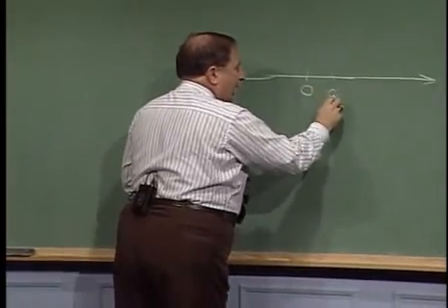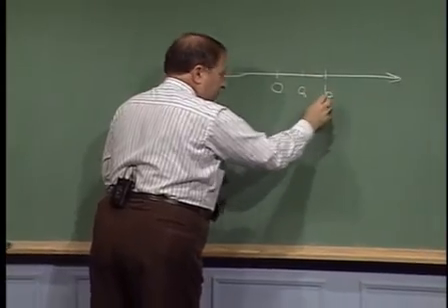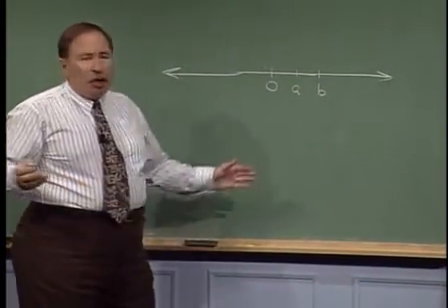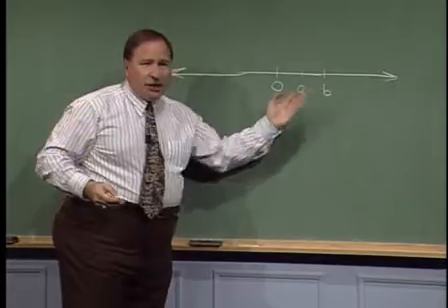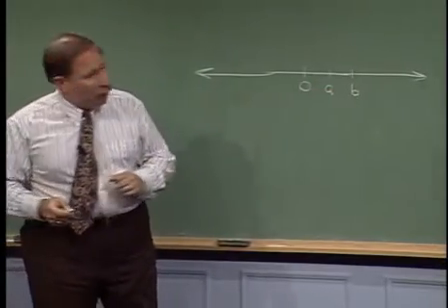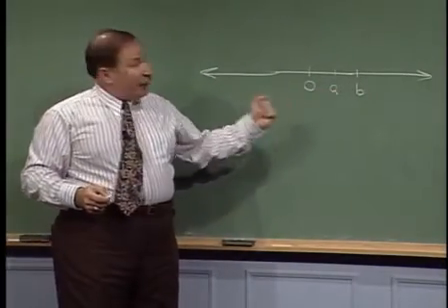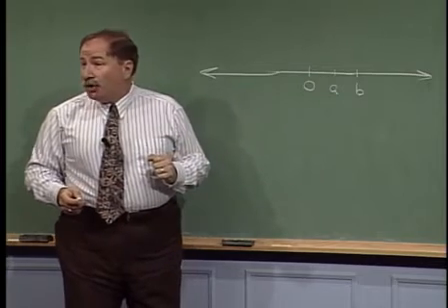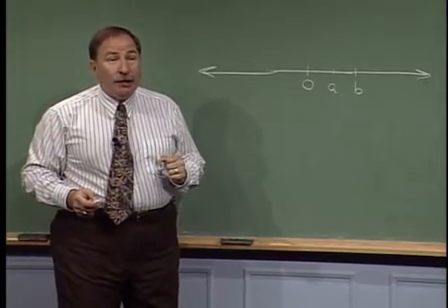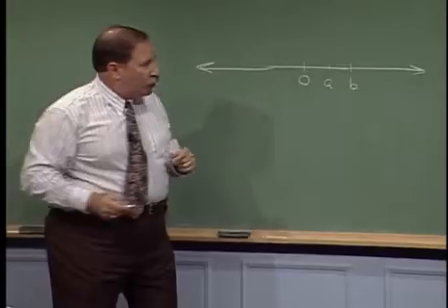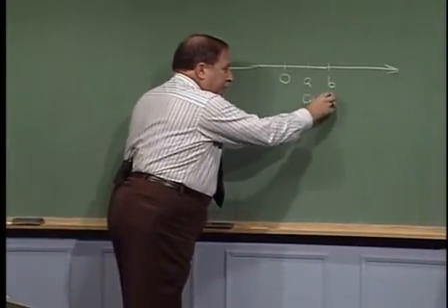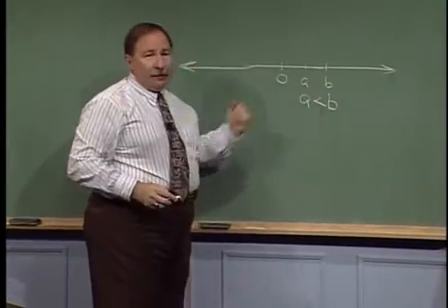Here is the number A, and here is the number B. A and B are just numbers. This could be 1 and 2 or 3 and 7. We don't know what the scale of this board is. Would you say that A was less than B? Was A equal to B, or was A greater than B? I hope you'd say that A was less than B, because A is to the left.